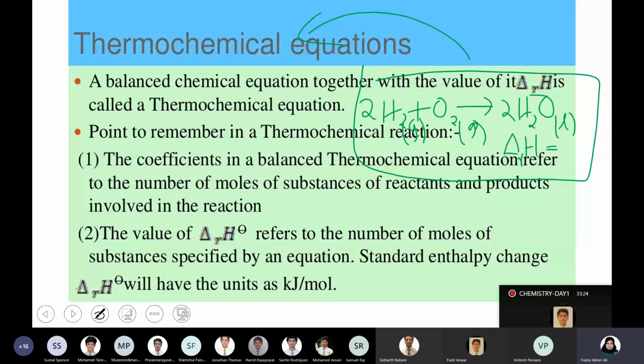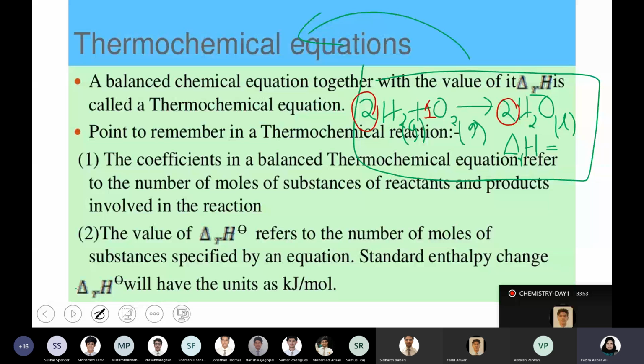So the coefficients are related to the moles. That is the first thing, as in a normal balanced equation: the coefficients specify the number of moles. That is the importance of coefficients.